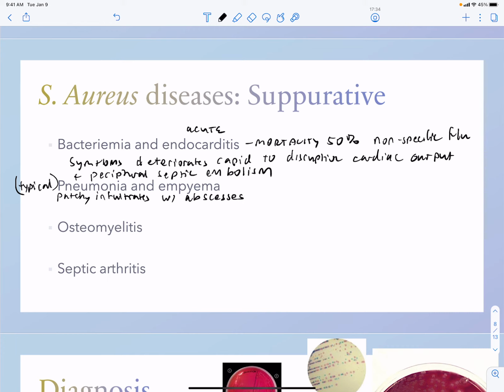And then you're going to get hematogenous pneumonia, which is common for patients who also have bacteremia or endocarditis. So basically, both bacteremia and endocarditis mean that the bacteria is spreading. And so if you also have a lung infection, this is typically going to be a hematogenous pneumonia.